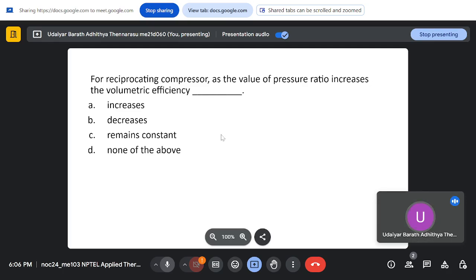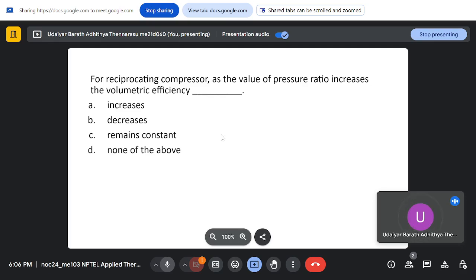If you remember, we discussed this when we were discussing volumetric efficiency. Volumetric efficiency can be defined in terms of your swept volume and the pressure ratio: 1 minus C into (R raised to the power 1 by gamma minus 1), where C is clearance volume by swept volume. So we have the pressure ratio there.